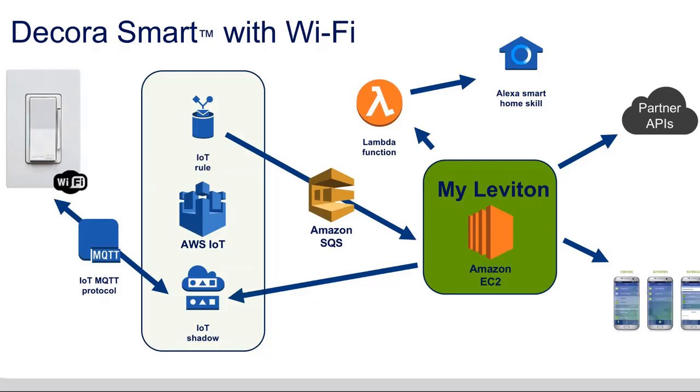So starting from the left, you see one of our in-wall switches or dimmers. It looks just like pretty much any other in-wall dimmer, perhaps a little smarter. You see the little dim bar on the side there, but it does connect over Wi-Fi, using our mobile app to commission the device, and it uses the IoT MQTT protocol, as I mentioned, to communicate with the device shadow.